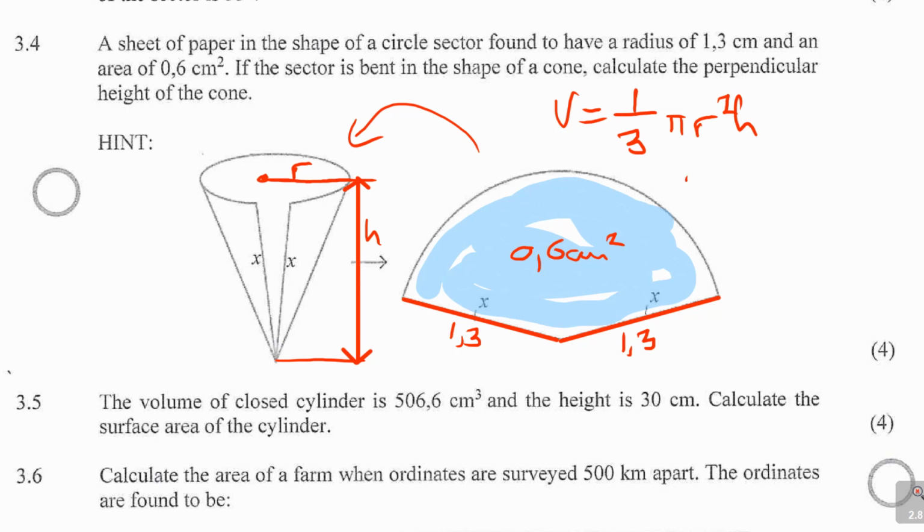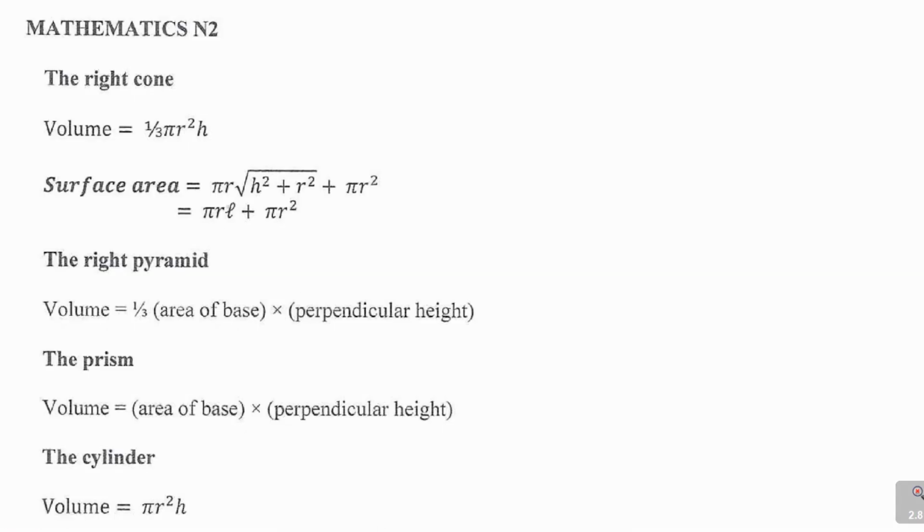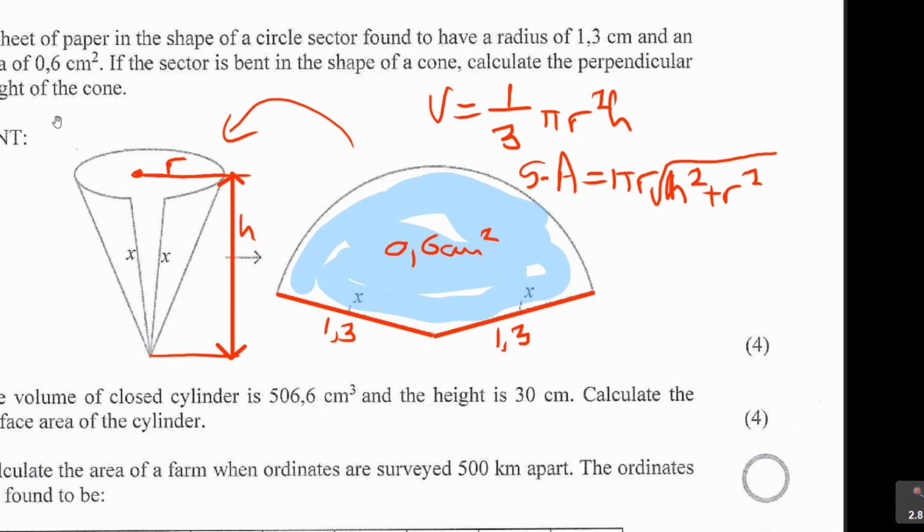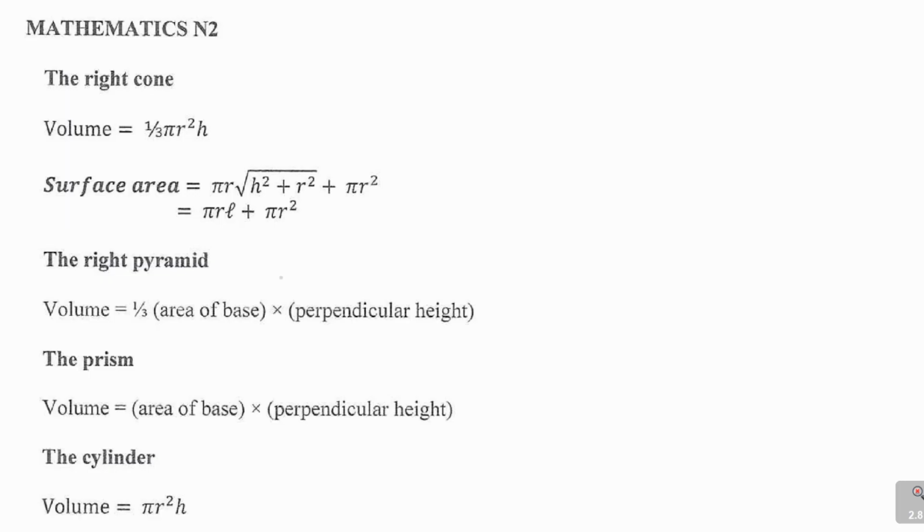That's the first one. And then the surface area, the formulas for the surface area, I need them here. It is pi r square root of h squared plus r squared plus pi r squared. I wanted to show you that formula. So it's pi r square root of h squared plus r squared plus pi r squared, which is equal to, let's check the other formula, which is pi r l plus pi r squared.